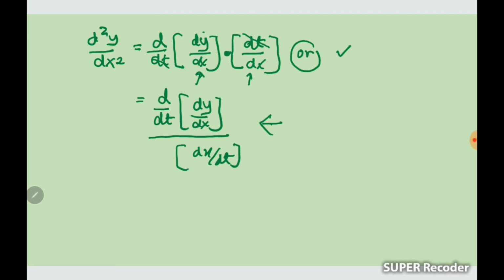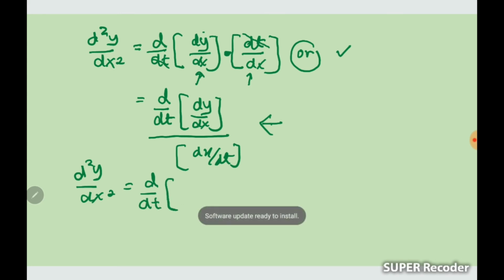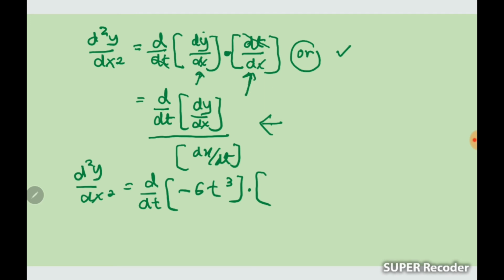So let's say I want to use the first one. So d squared y dx squared is equal to, you have to differentiate dy dx with respect to t. Our previous result is negative 6t cubed. Then you have to multiply with dt dx.